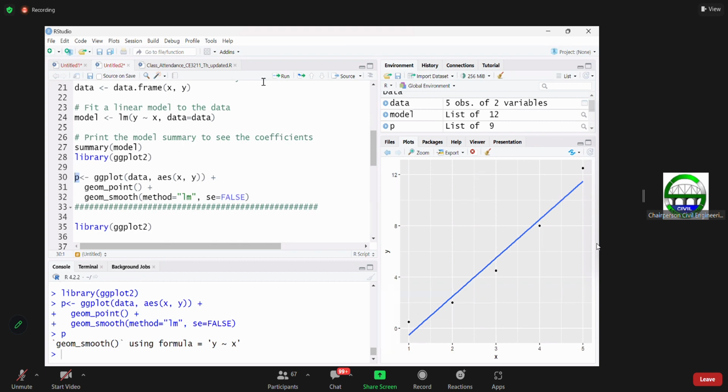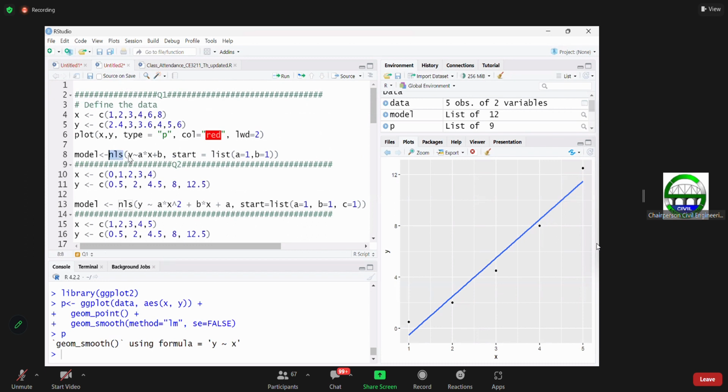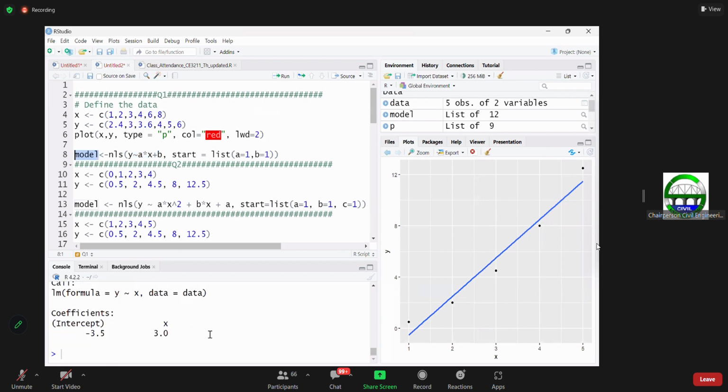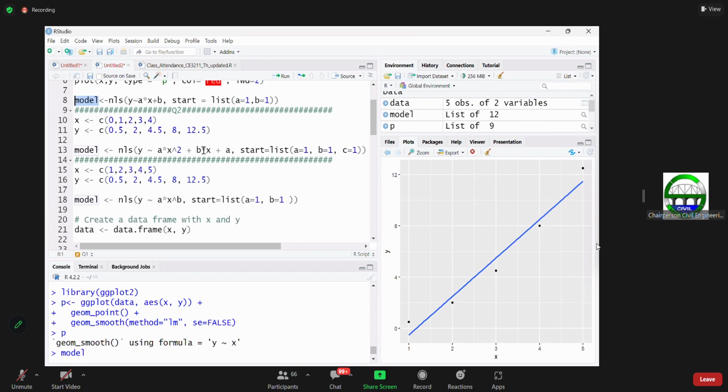The only simple thing is that you just use this one and put the formula inside here. That's it. Once you run the model, it will give you the values of A, B, and C if it is a second degree polynomial. If it is third degree, then it will give you A, B, C, D. It depends.